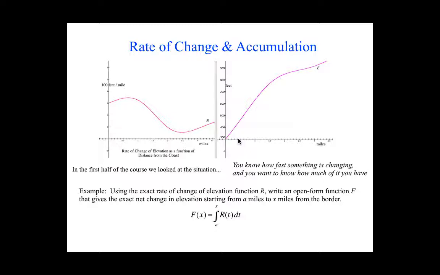It doesn't have to be at x equals 0. It could be at some point. If I wanted to express elevation in general, as long as I have some distance and the elevation at that distance, then I can use this rate to go either forward or even backwards closer to the coast from there, so that I have actual elevations instead of just net changes in elevation. So this expresses net change in elevation starting at this point a, wherever a miles from the coast is.